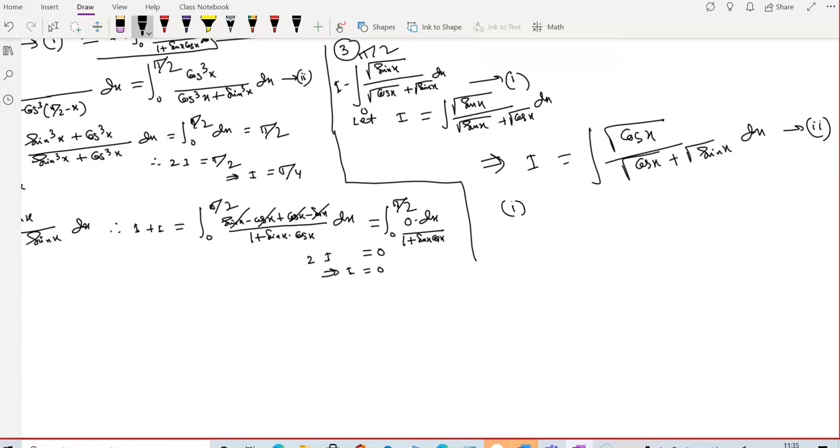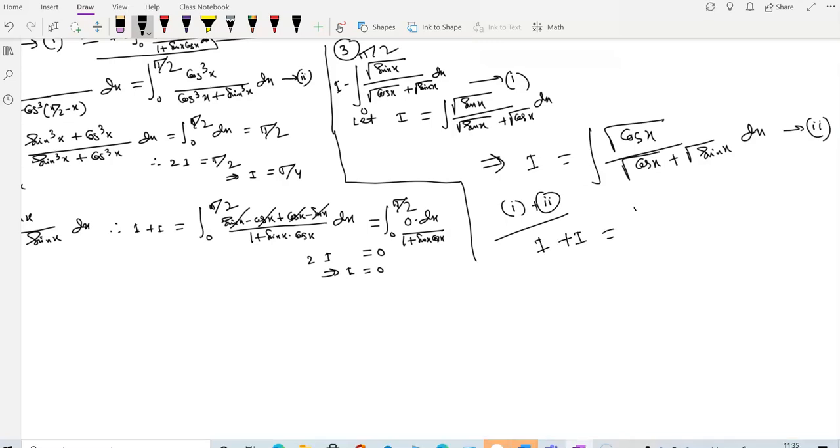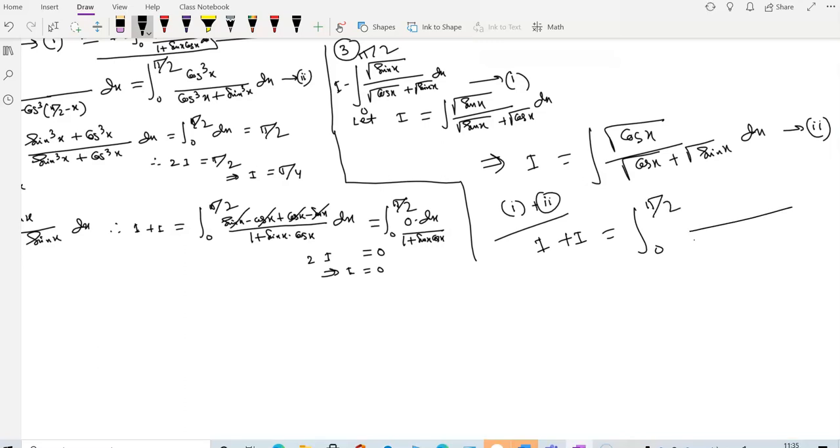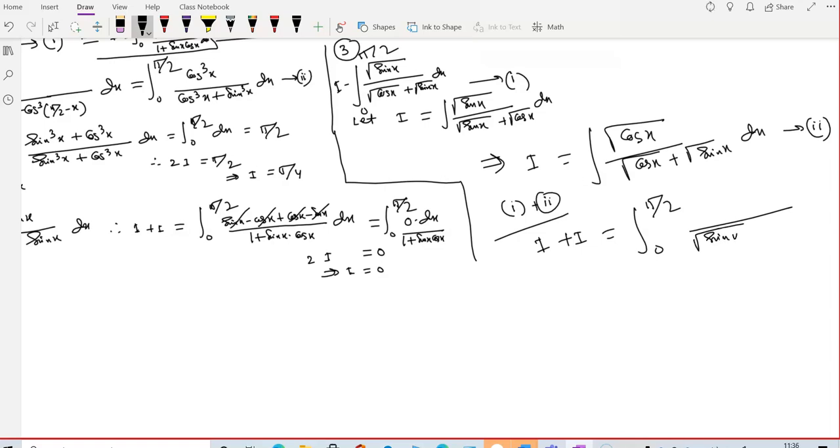Add these two. Adding 1 and 2 you get I plus I. You can add simply because the denominator is the same. Numerator also going to be the same. Normally it happens for this kind of sum.